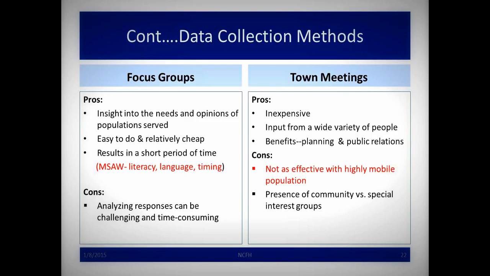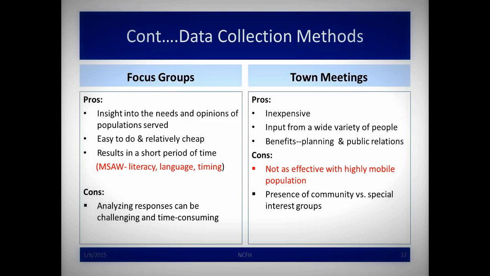When trying to assess migratory and seasonal agricultural worker needs, using focus groups can decrease the challenges with literacy, language, and timing, because you are tailoring the guide for your focus groups to a small group of people.